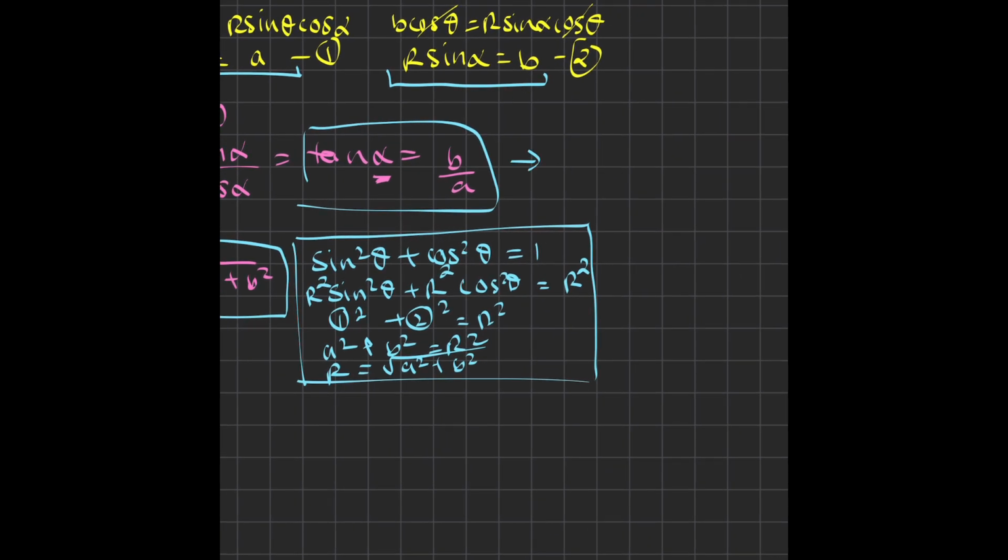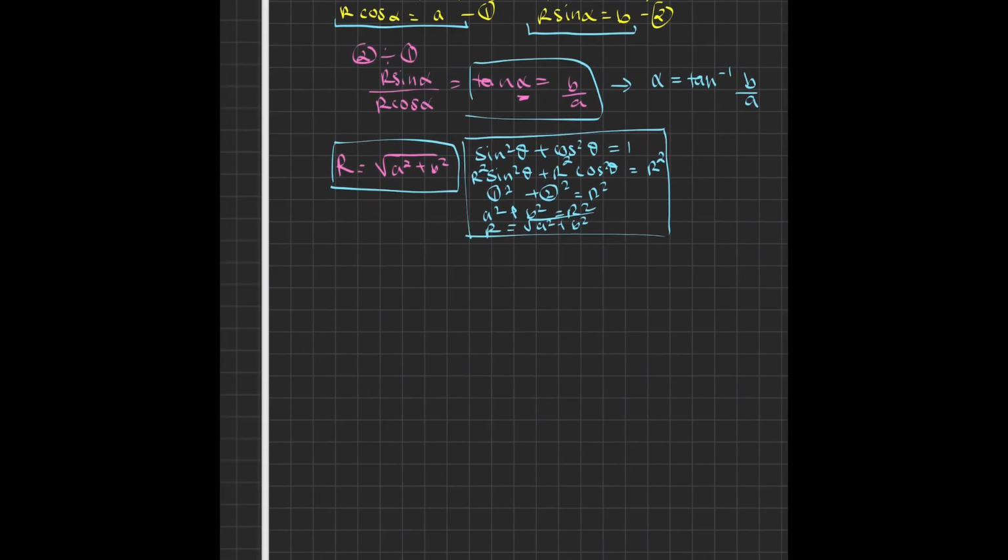So now we have the value of r and we have the value of tan alpha, which will give us the value of alpha, which is just tan inverse b by a.